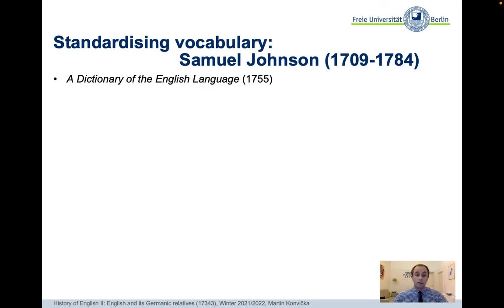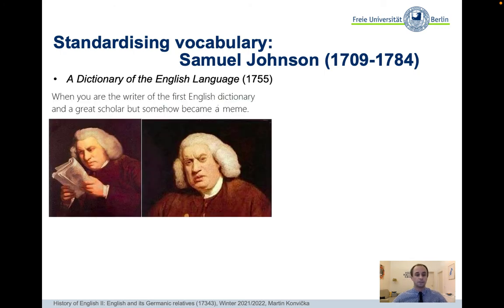It was not only grammar and spelling, it was also vocabulary. Someone such as Samuel Johnson, who is famous for his dictionary of the English language from 1755, tried to write down all of the different words in English and describe their correct meaning.